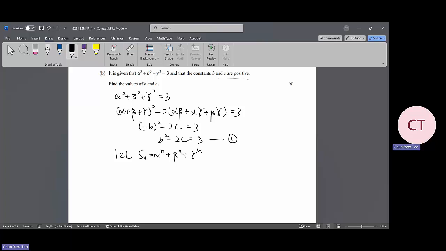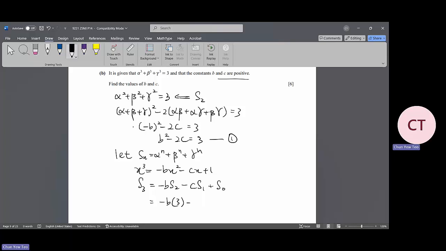So your cubic equation is x cubed equal to negative bx square minus cx minus 1 plus 1. Change it to become Sn: negative b S2 minus c S1 plus S0. So this is S2. So S2 just now is 3. Then the S1.